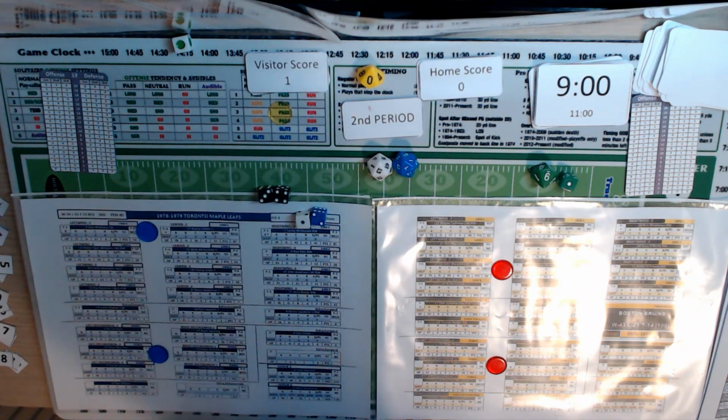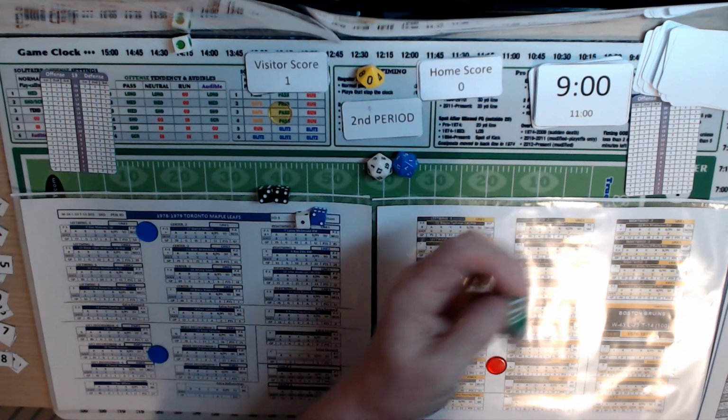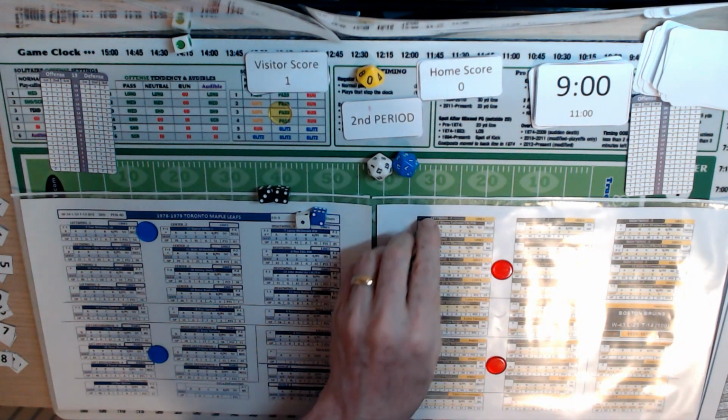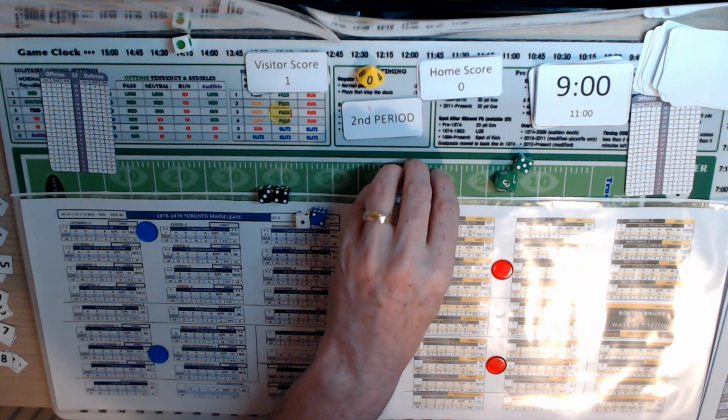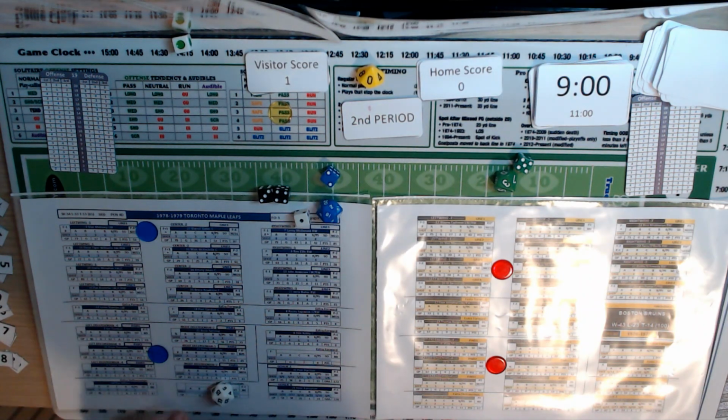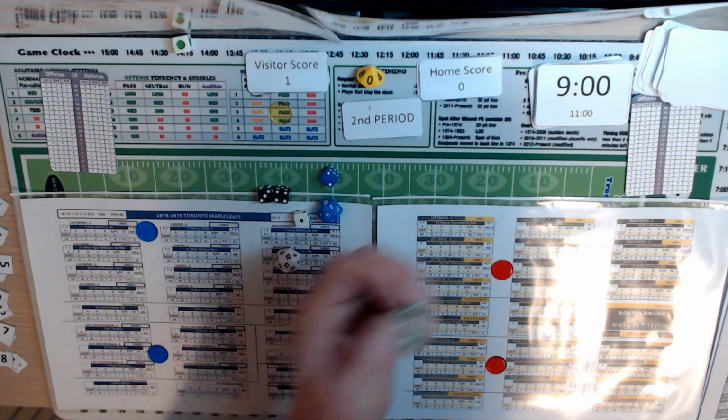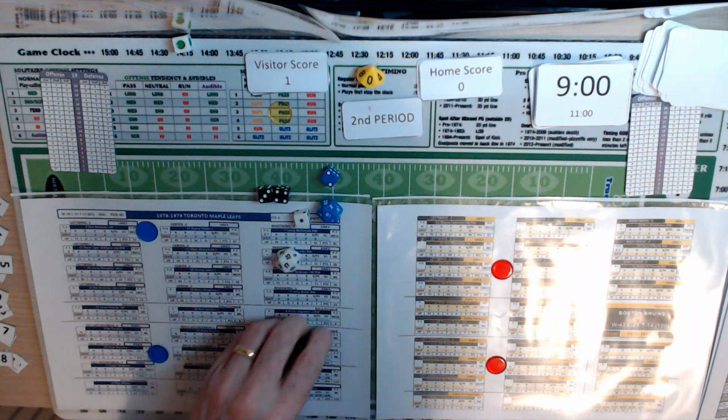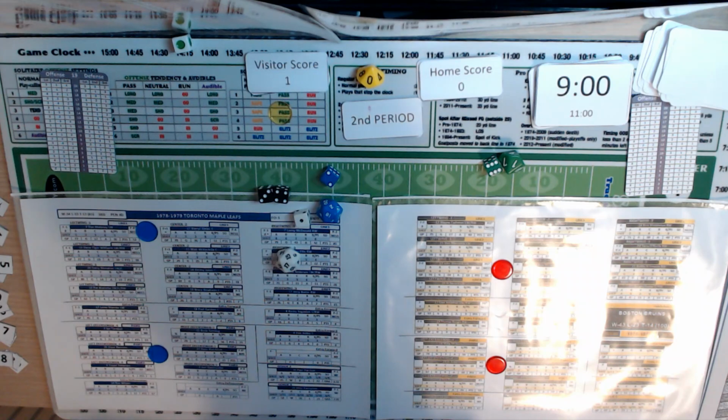+1 Toronto 7 is a shot on goal C, and this is going to the right defenseman, who is a 1, missed. 17 is wide, so this is blocked by Wesnick.